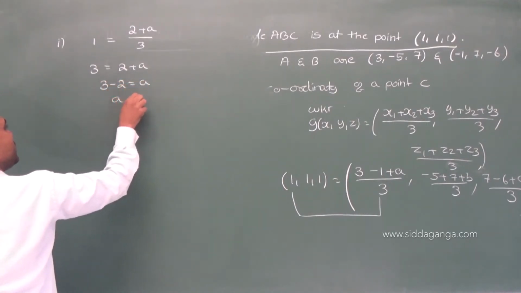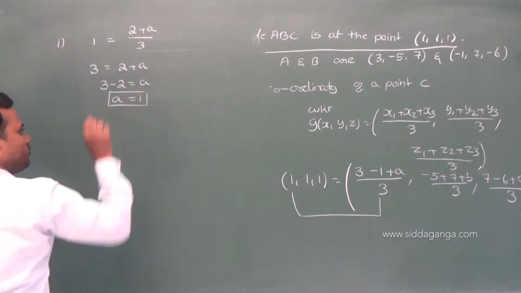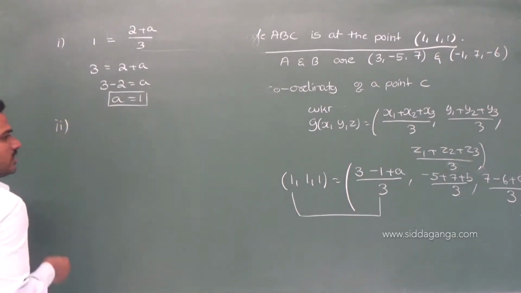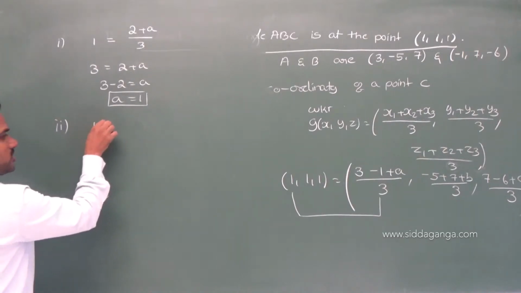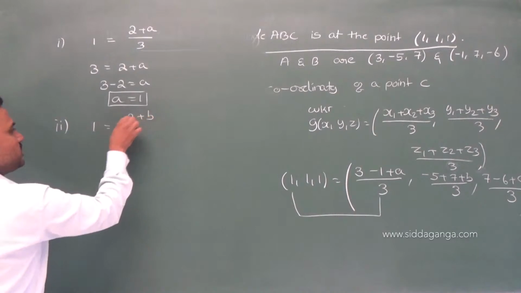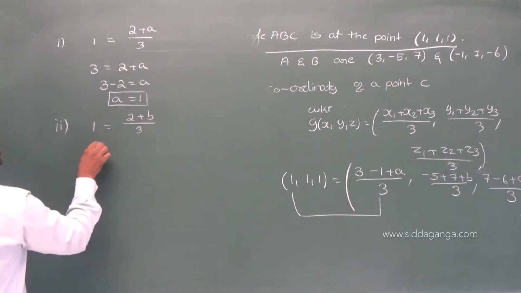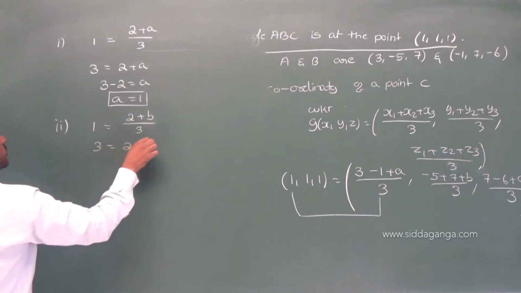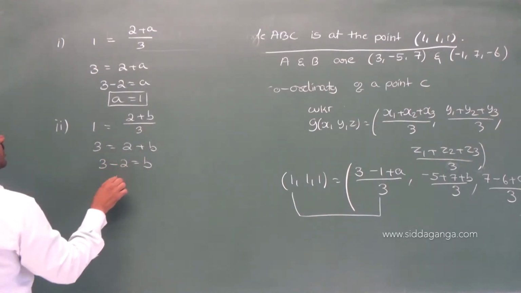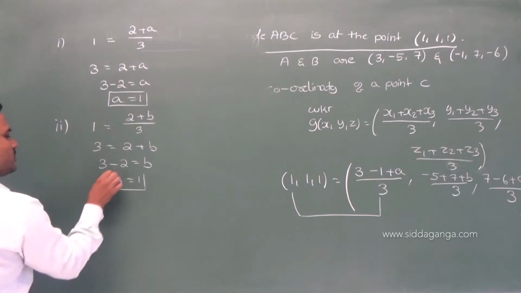A is 1. Similarly, equate the y coordinate: 1 is equal to -5 plus 7, which is 2, plus b, divided by 3. So 3 is equal to 2 plus b, so b is equal to 1.